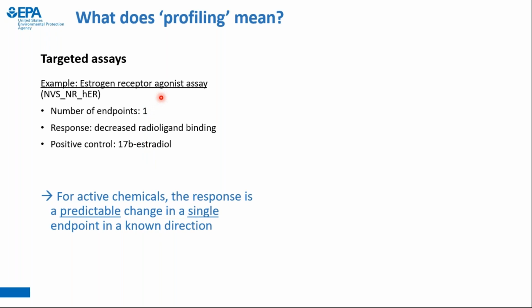And it works by measuring radioligand binding. So if a chemical is an agonist, it will lead to a decrease in radioligand binding. And then you have a positive control, in this case 17-beta estradiol. So in this type of assay, you know the response is a predictable change in a single endpoint in a known direction. And this is in contrast to profiling assays.